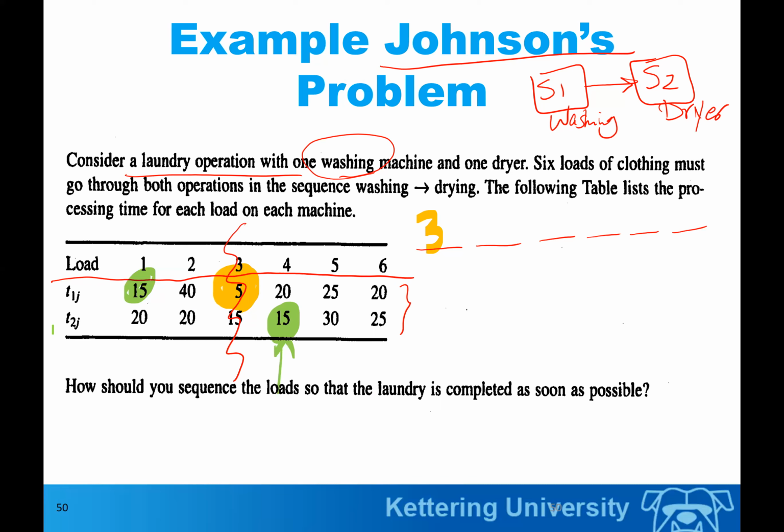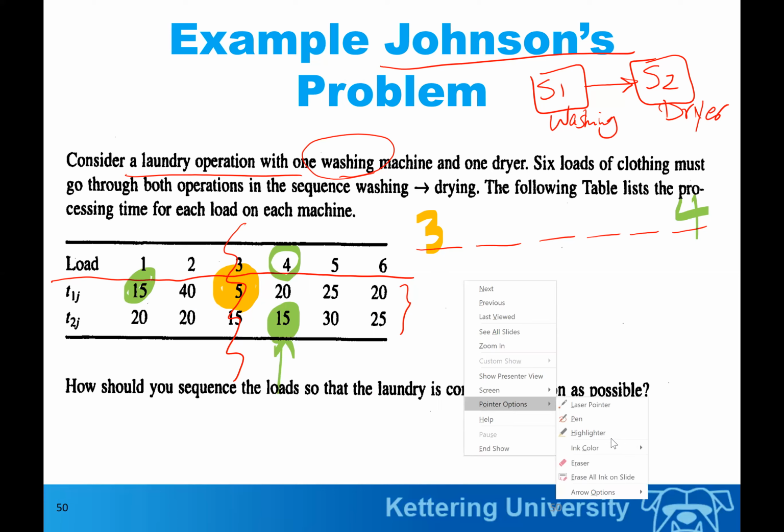Do you agree that it is on the second station, on the dryer? They said if that smallest duration belongs to the second station, you have to place it all the way at the end of the sequence. It belongs to job 4, so I place job 4 at the end of the sequence.